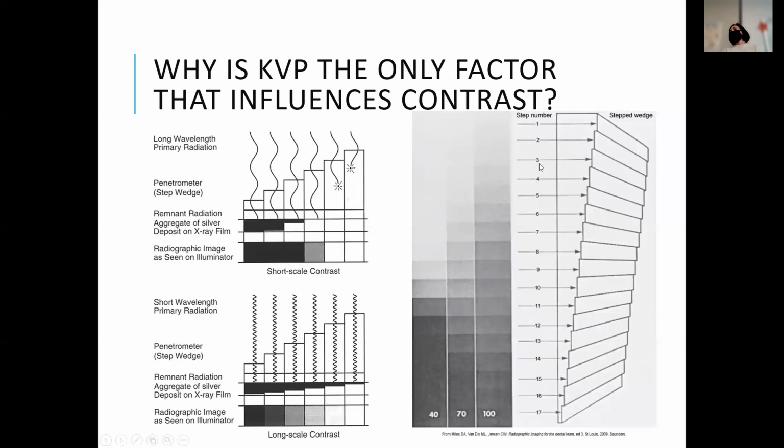Now 70, where we're at, this is ideal. Look at this nice variation of small changes up the ladder from dark to light. That's because at every thickness, just the right amount is getting through to give you a nice diagnostic image.